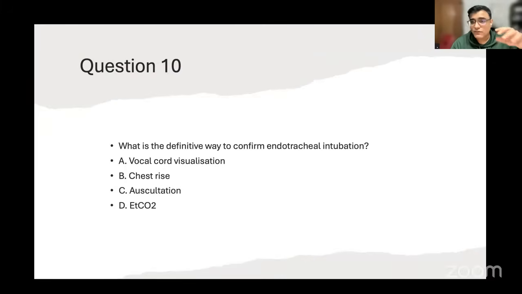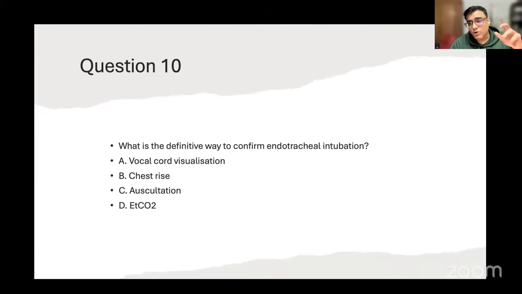Ultrasound, with the bullet sign and all those things, is becoming very good at predicting correct intubation, but the data doesn't suggest that it is as good as EtCO2.